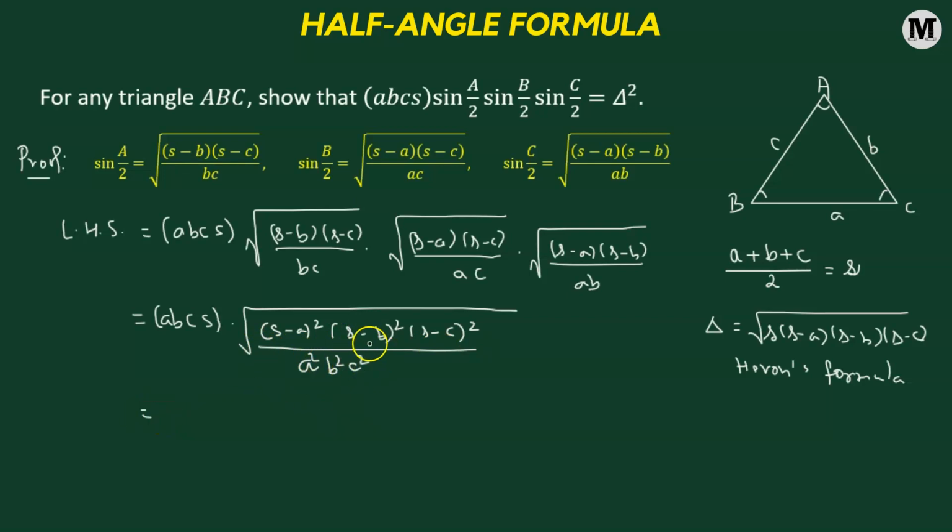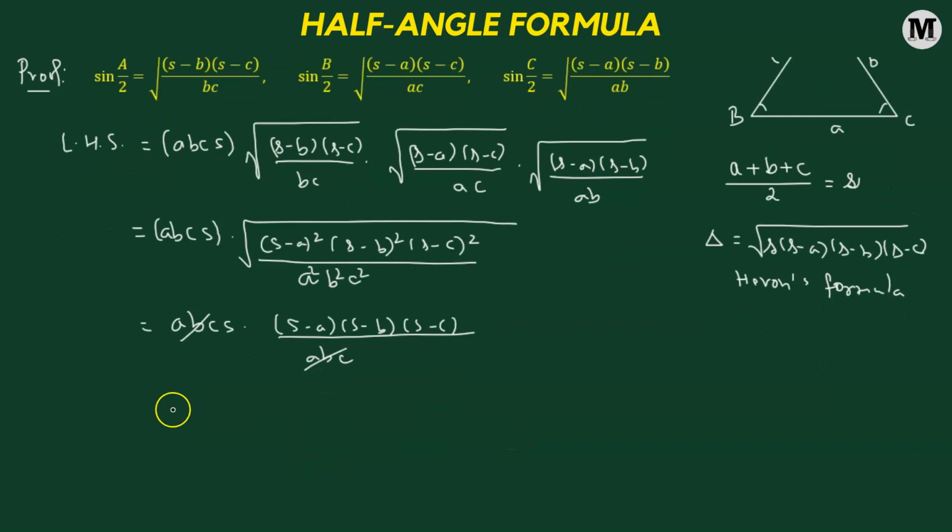Now it's a perfect square inside the square root, so we now have abc times s multiplied to (s minus a) times (s minus b) times (s minus c) divided by abc. Now we can factor out abc from the numerator and the denominator, which leaves us with s multiplied to (s minus a) times (s minus b) times (s minus c).